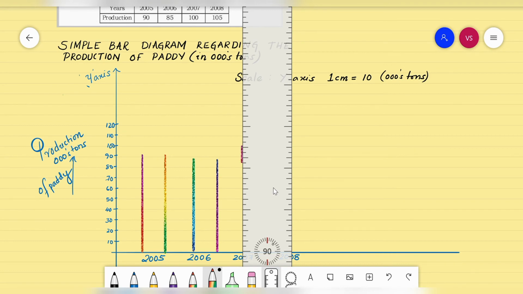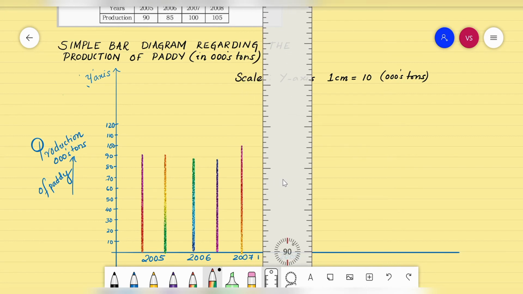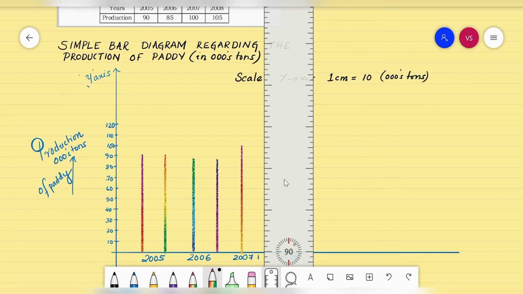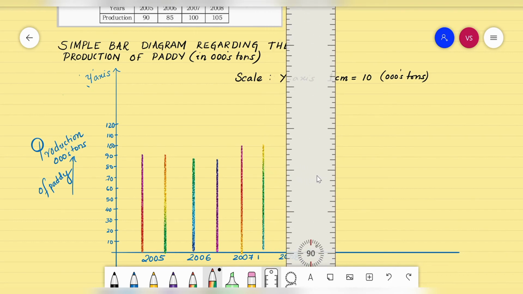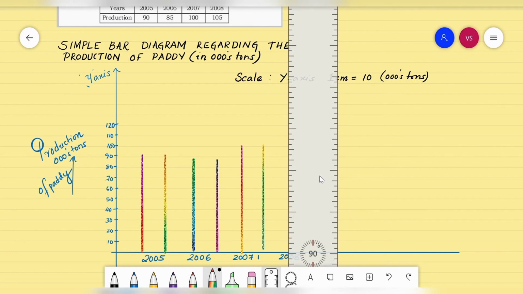So if you just draw the other line, it is 100. Next is 105. For 2008, it is 105, it goes up to here.